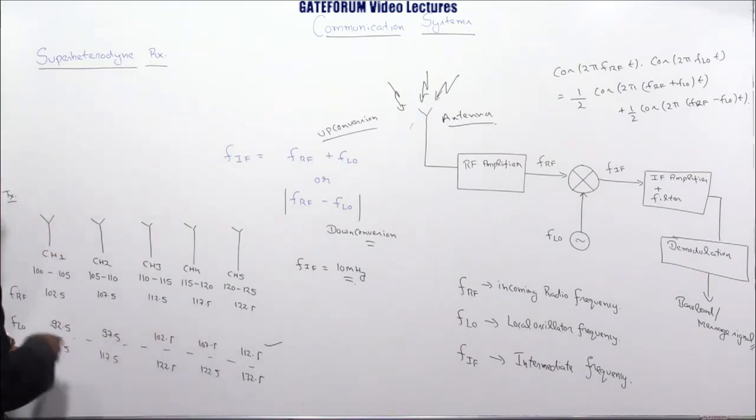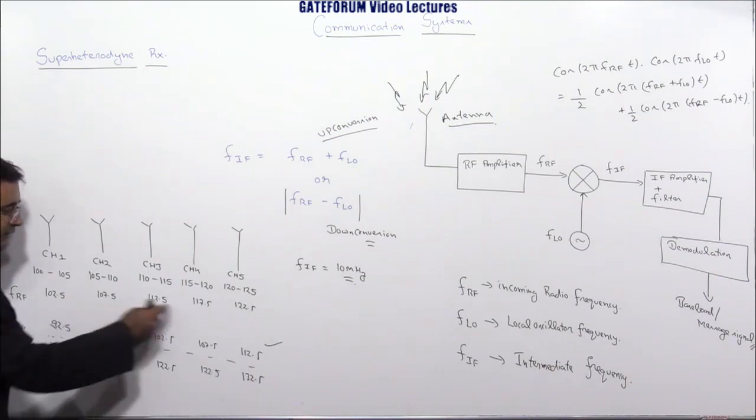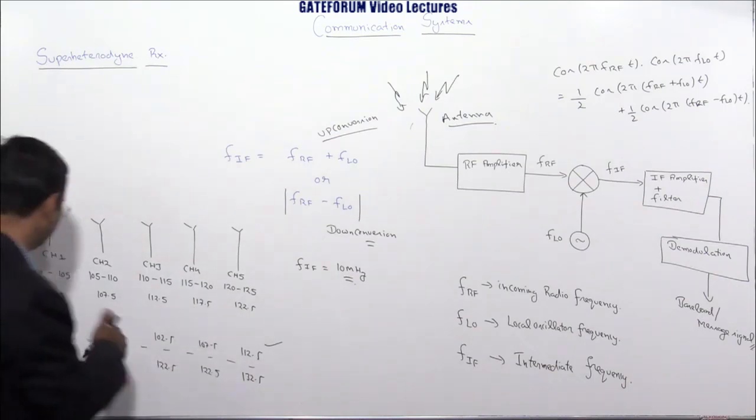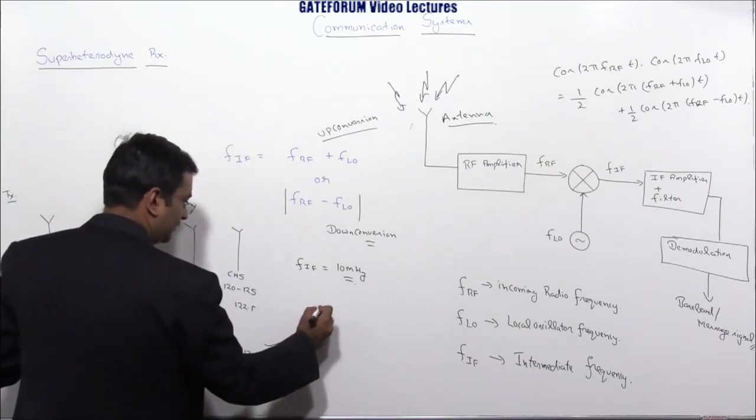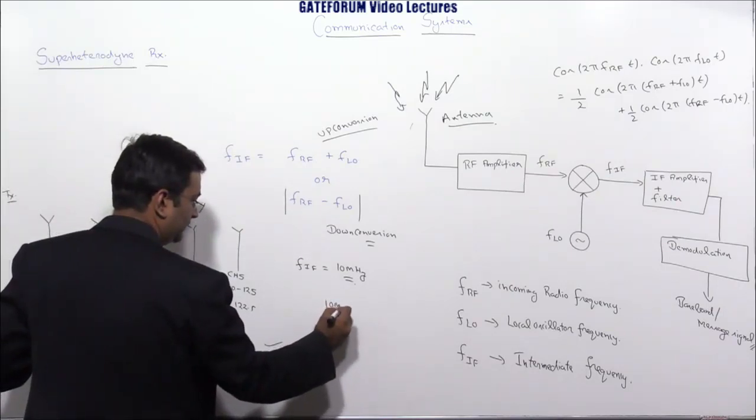Now see what will happen. If I want to watch channel number 1, then I will generate 92.5 in the FLO, because it is in my control. So I press channel button 1, which corresponds to generation of FLO of 92.5. 92.5 will mix with all the 5 frequencies. Corresponding to this, it will give me 10 megahertz for the first channel.